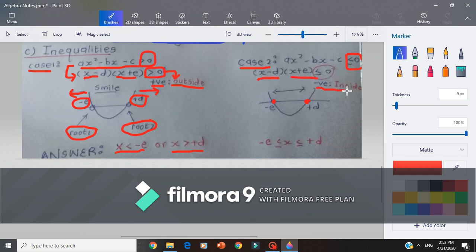We notice it's negative. Because it's negative, we have one answer in the middle of our parabola. And so we have x, and either side you can plug in the two roots, minus e and d, and you'll put a less than or equal to sign on both sides of x.